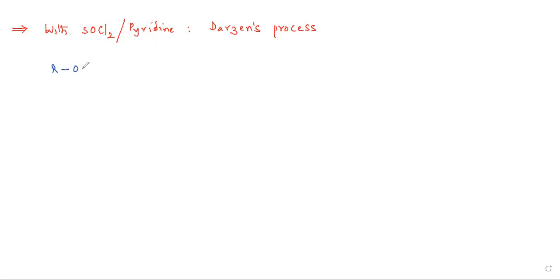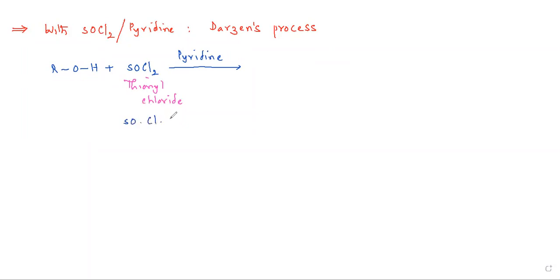The overall reaction can be given as this. Alcohol with, so this is thionyl chloride. SO2Cl2 is sulfuryl chloride, but this one, SOCl2, is thionyl chloride.